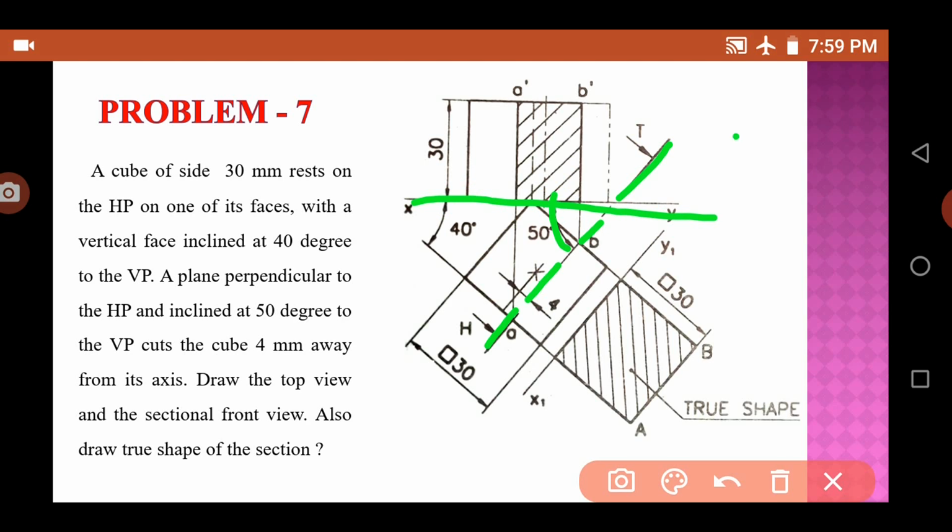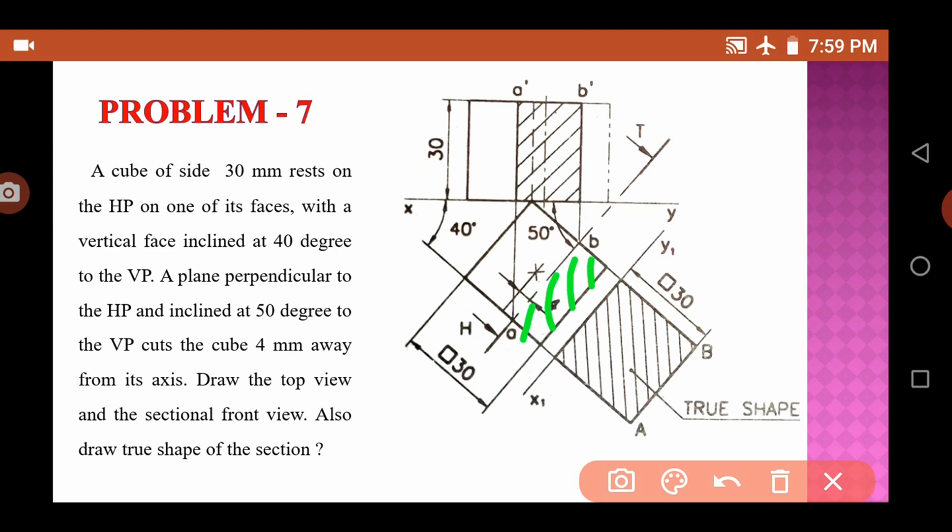Now you see that here one point is marked and here another point, A and D, is marked. You just draw the projectors here and here and then join it. So after cutting, this part won't be there actually. When you cut this part, then this part won't be there.